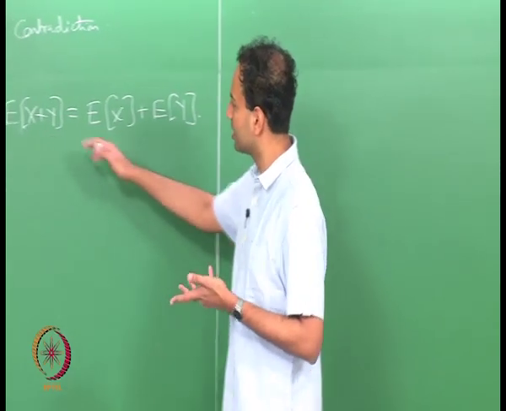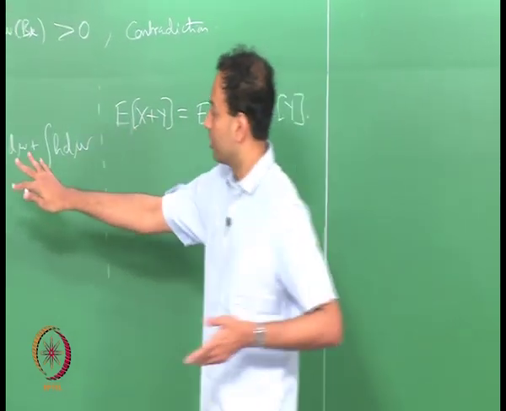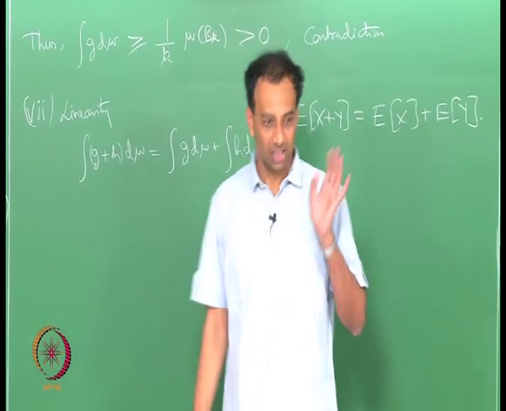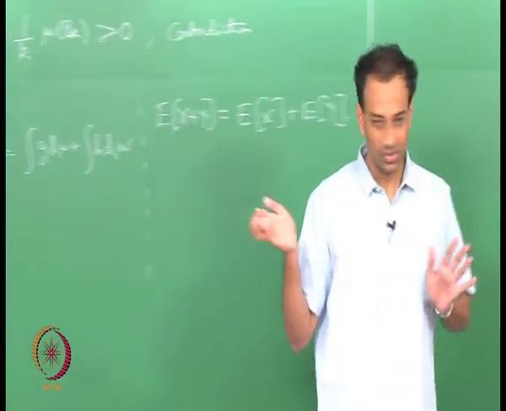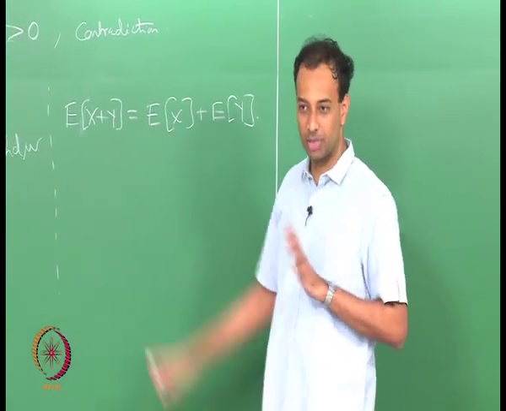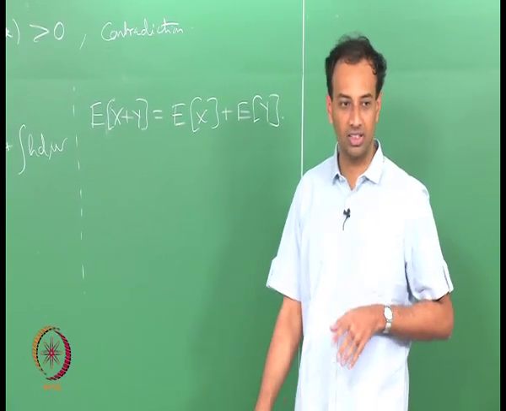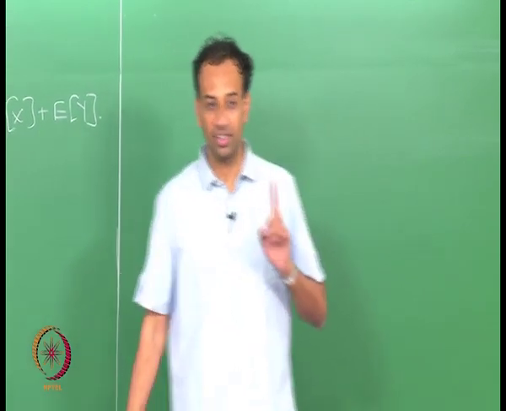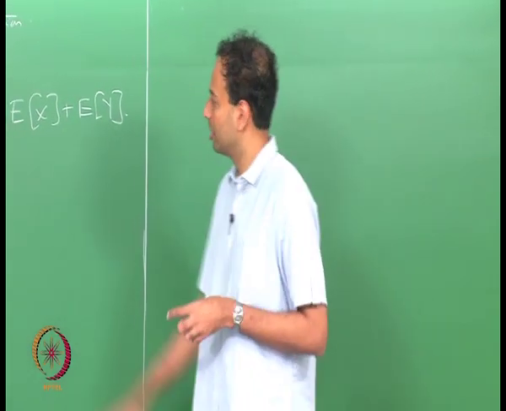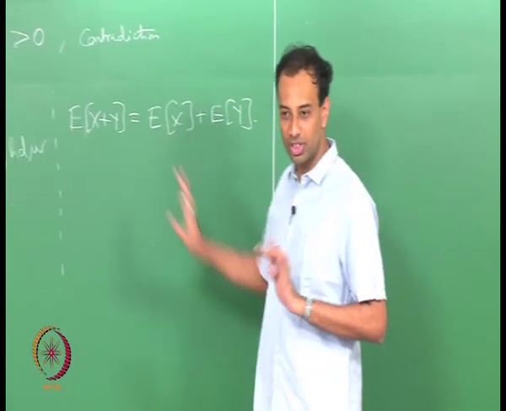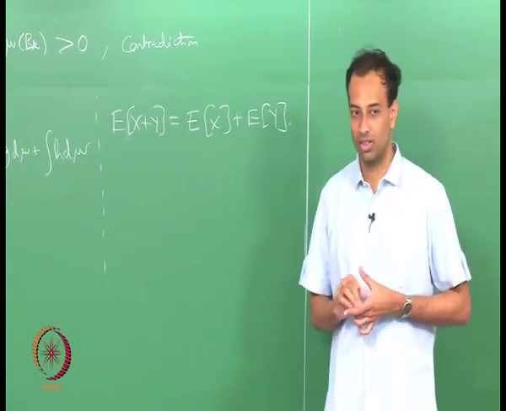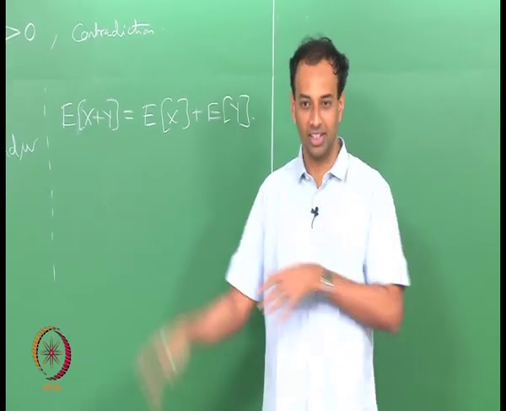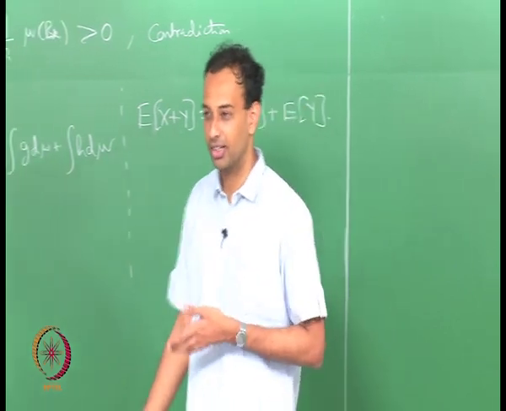and similarly this generalizes to any finite sum, right. If you have a finite sum of g 1, g 2, g n, you can always write it as the sum of those n integrals. Similarly, if you have n random variables, expectation of x 1 plus x 2 plus dot dot dot x n is equal to sum of the individual expectations. True for finite sums. Okay. If the number of terms you are summing is finite, this is always true. That is very easy, because if you have x plus y plus z, you can write this as x plus y, plus z and invoke the same thing, right.